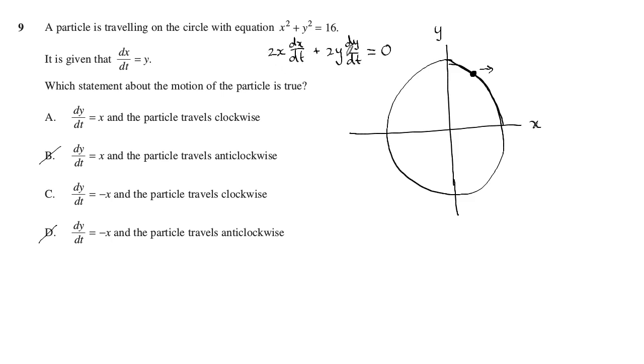And then we can solve this for dy by dt. We know what dx by dt is, that's y. So this is 2xy, and let's shift that across. So we get 2y dy by dt equals negative 2xy. And then if we divide by the 2y, that's going to get rid of that, and we get dy by dt is negative x. So it's C.